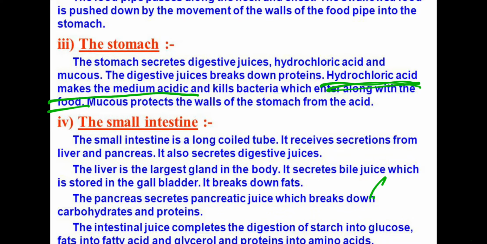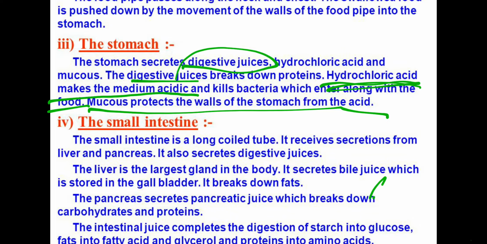The mucus protects the wall of the stomach from the hydrochloric acid, because hydrochloric acid is very dangerous and it may burn the stomach. And the digestive juice breaks down proteins into their simpler form.